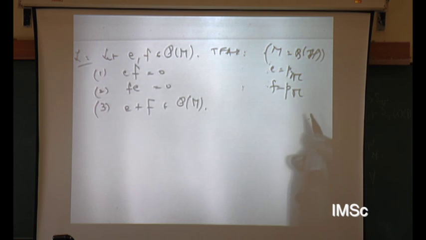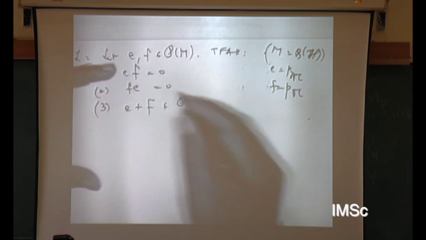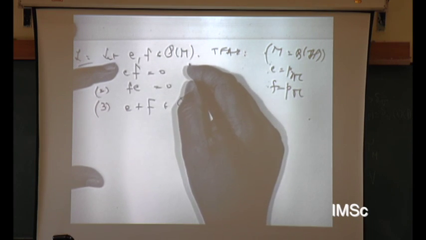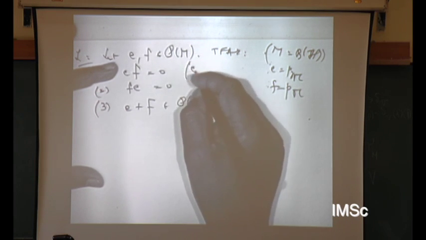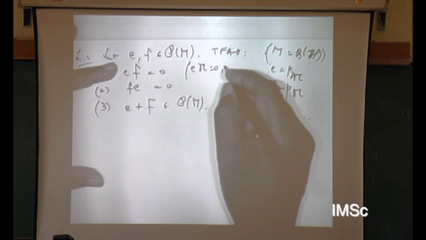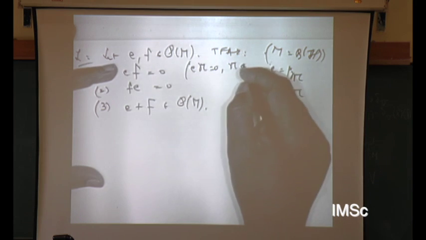It is just N. So this means that E must kill N. EN is 0, or that N is contained in M perp. Who are the vectors that are killed by E?